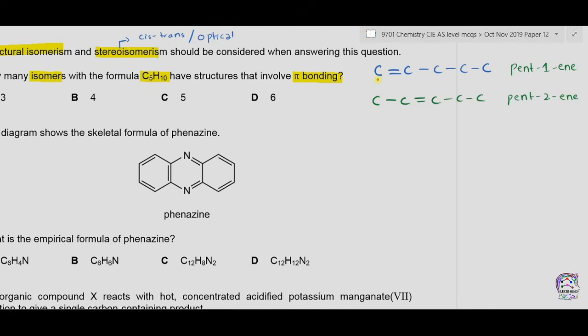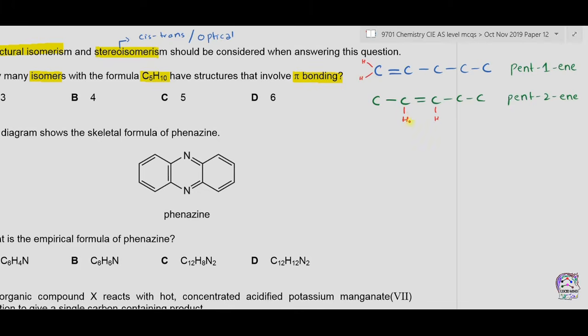Now looking at the cis-trans isomerism, in pent-1-ene the double bonded carbon is making bonds with 2 hydrogen atoms. As both atoms are similar, pent-1-ene cannot show cis-trans isomerism. In pent-2-ene, one double bonded carbon is making one bond with a hydrogen atom and another bond with CH3, while the other double bonded carbon is making one bond with hydrogen and a second bond with ethyl.